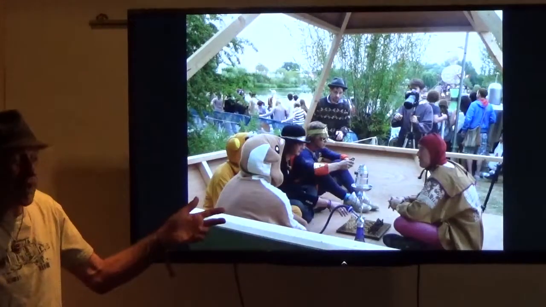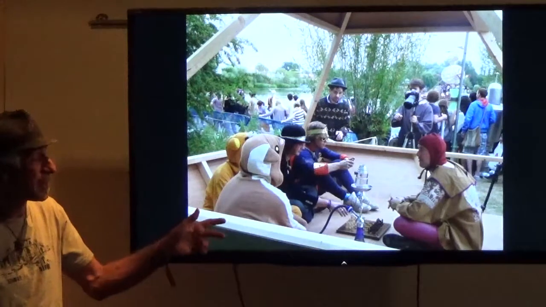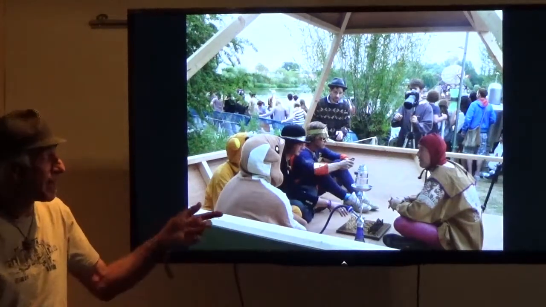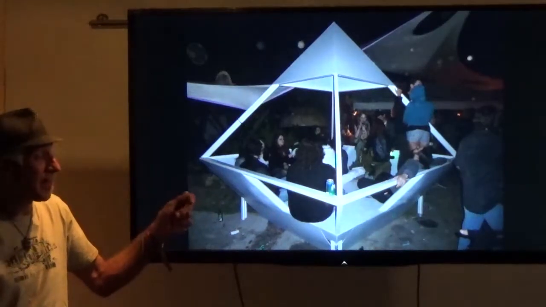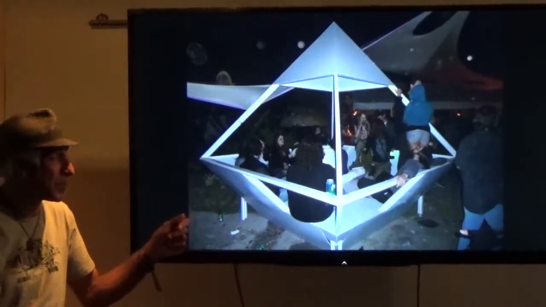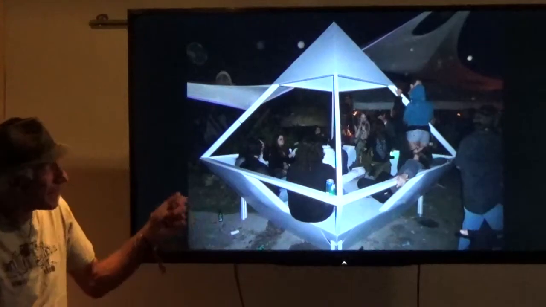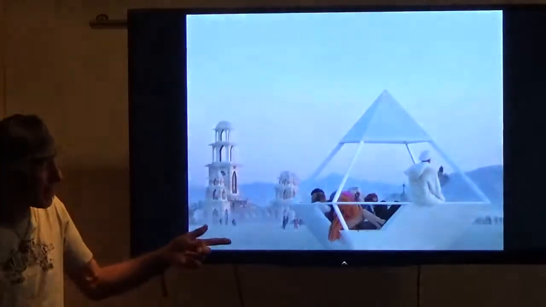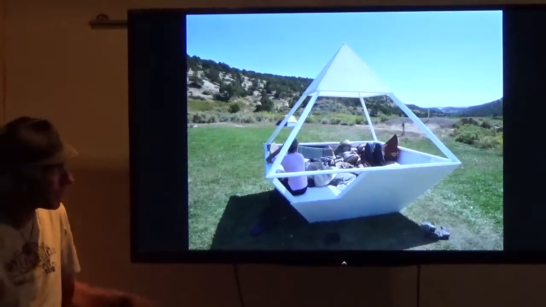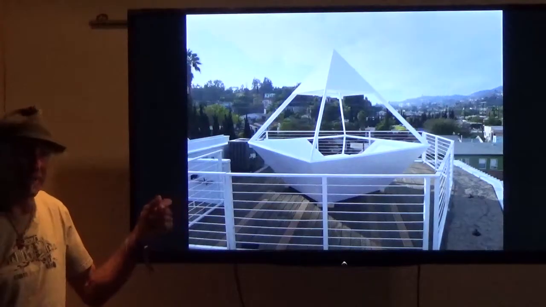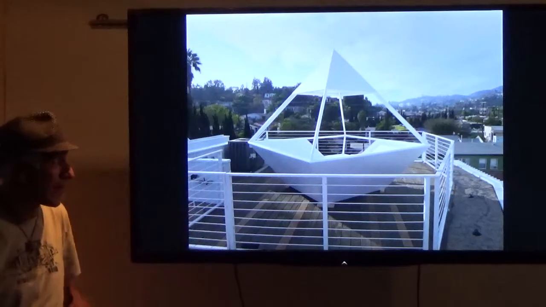I built the next one on my way to Boom in Portugal at the Secret Garden Party in England of 2010. I built another one for this event called the Moksha Art Fair that was during Art Basel in Miami. Another one that went to Burning Man but ended up at this retreat center in the middle of Utah. And then through Burning Man, someone asked me to build one for their rooftop in Silver Lake, LA.